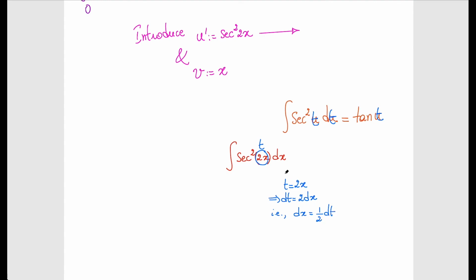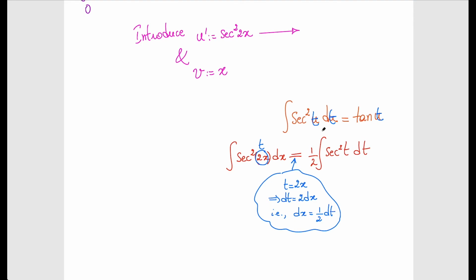Okay? So now we're going to use the u substitution here to obtain that this is equal to the primitive of secant squared t dx, but dx is half dt, so half dt. This is simple u substitution.